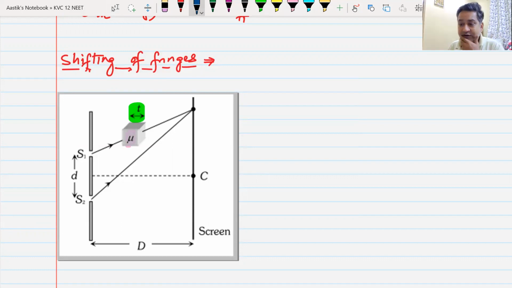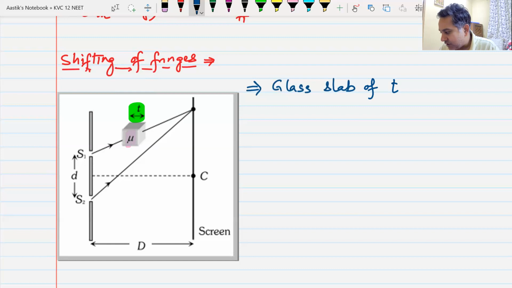Whenever a glass slab of thickness T and refractive index mu is inserted, fringes will shift.